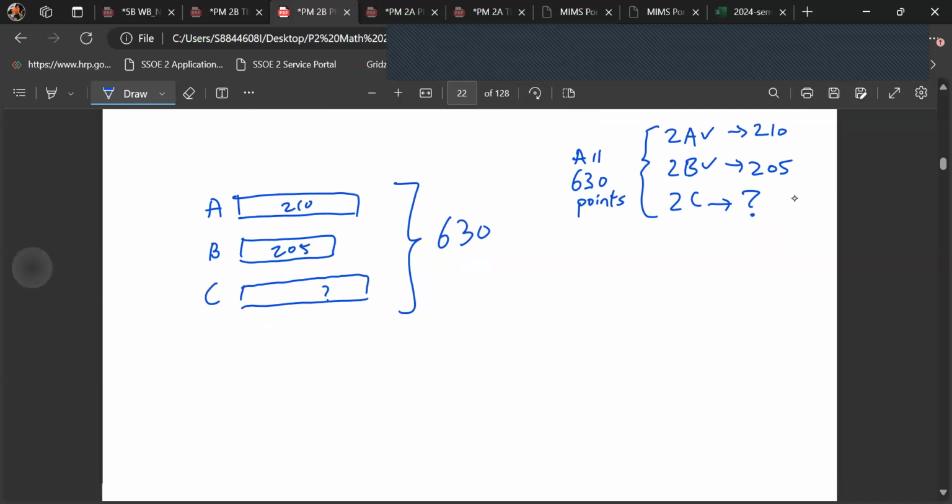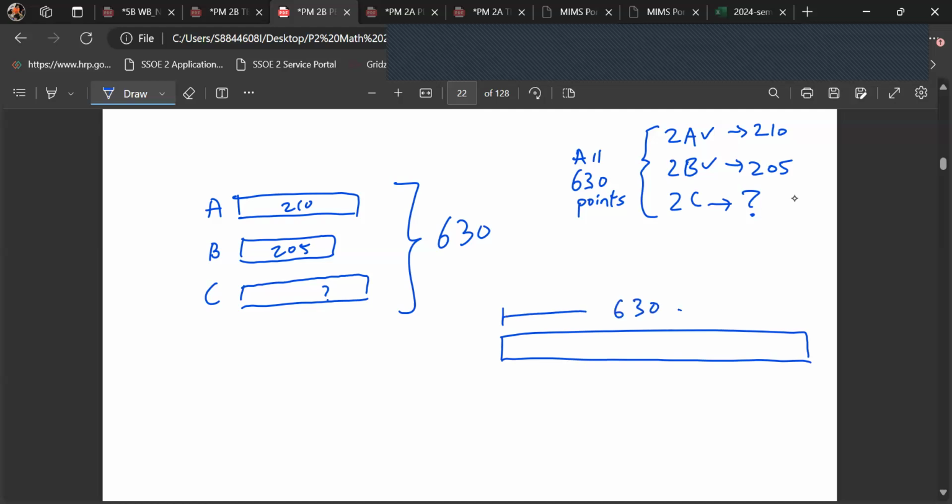Another way to draw the model. Okay, so I can draw another model. There's like a whole long bar, a whole long part model. Altogether is 630. And then there are three parts. One part is A, one part is B, and one part is C. I can draw option A. This is method 1, model 1.